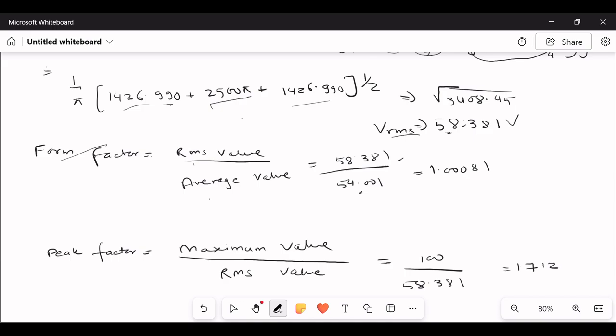So by calculating, it becomes 1.0081. Again, for the peak factor, it is the peak value by RMS value. The maximum peak value is 100 and the RMS value is 58.381. So after solution, it becomes 1.712. So this is how we solve the problem.